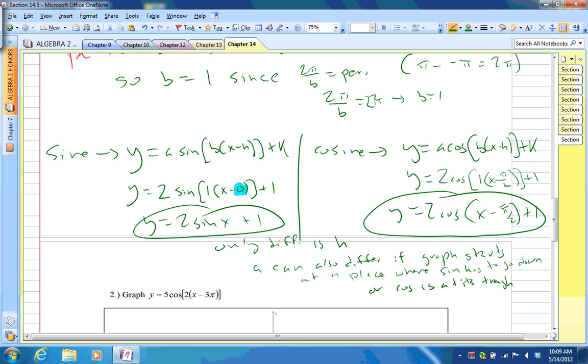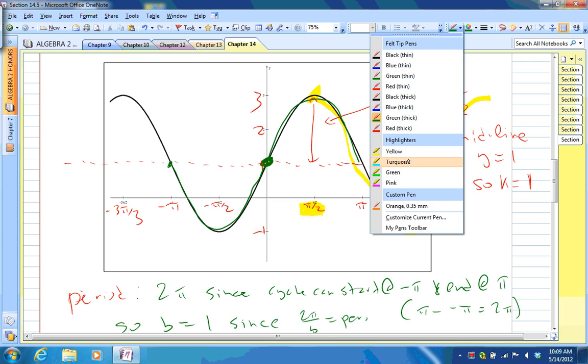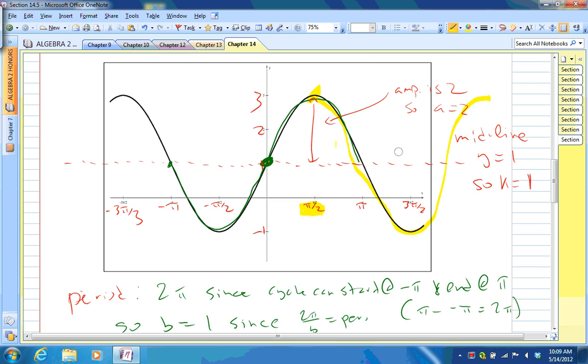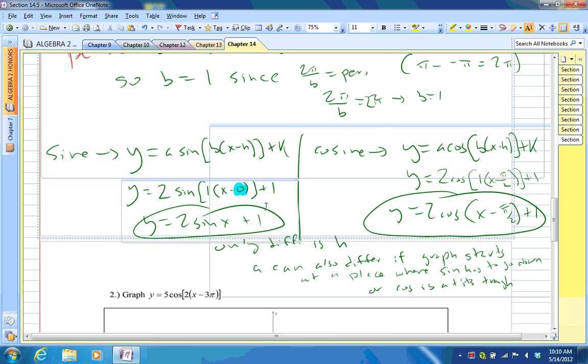For example, I could have said that this was my starting point for the cosine graph. In that case, a would have been -2. Or I could have said for the sine graph, that was my starting point right there. And it would have to go down, then back up. So you could make a negative if you want to. So there's actually infinite answers for these.